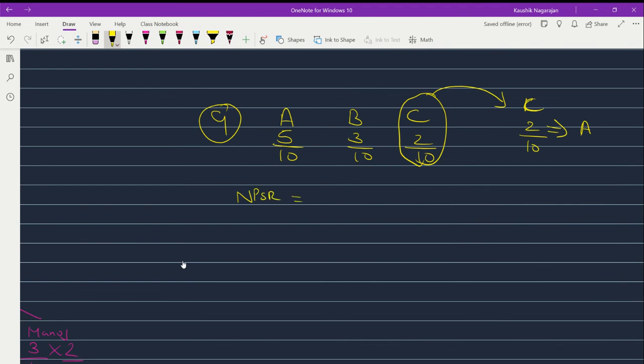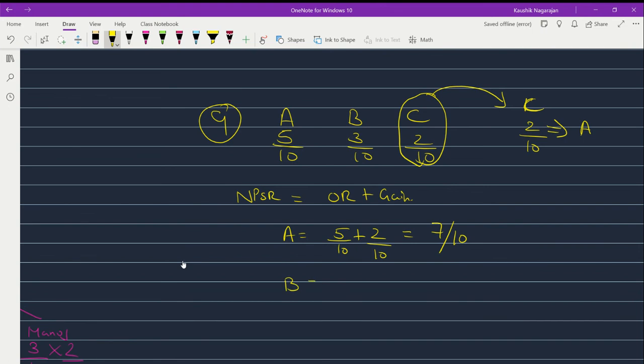So NPSR is equal to your old ratio plus the gain. For A, the old ratio was 5 by 10 plus the gain, which is only from partner C. The entire share of partner C goes to A. So that means it is 2 by 10. So 5 plus 2 is 7 by 10.